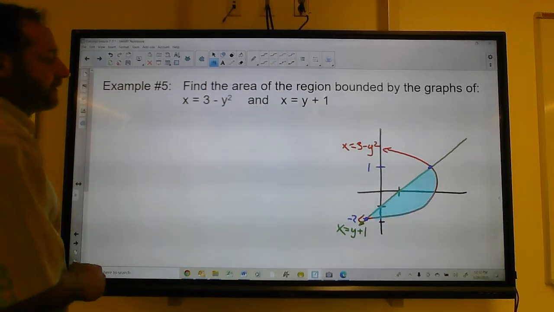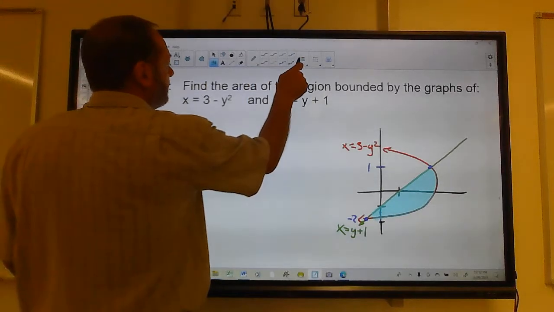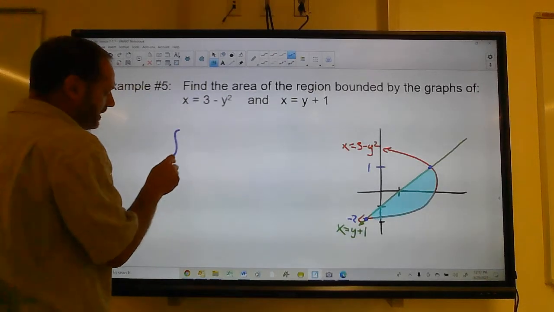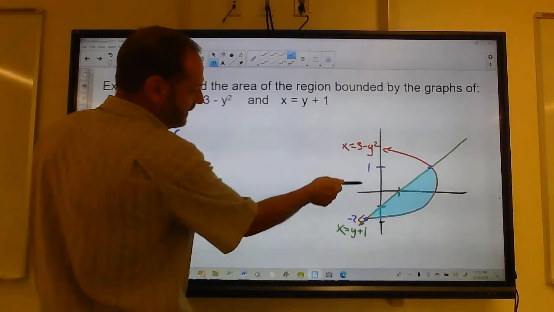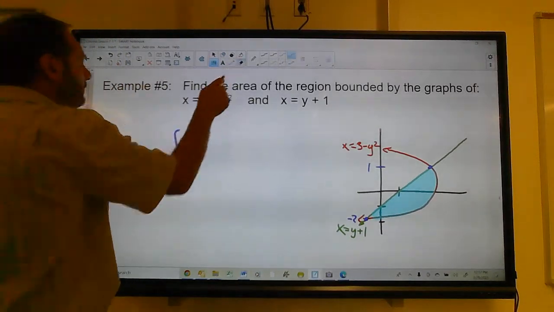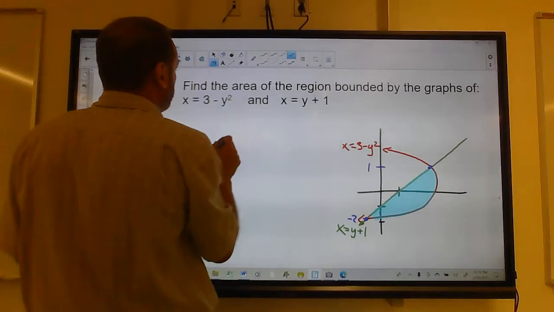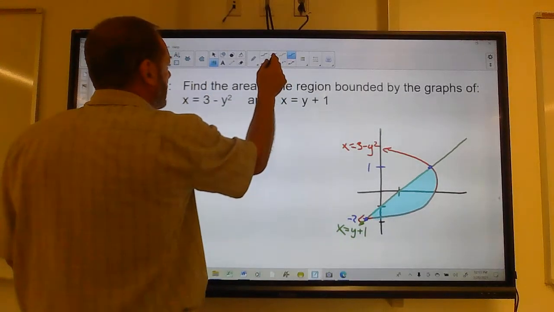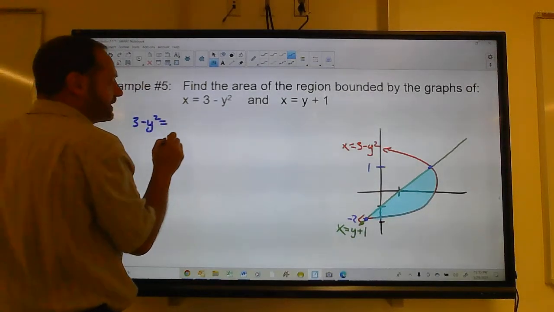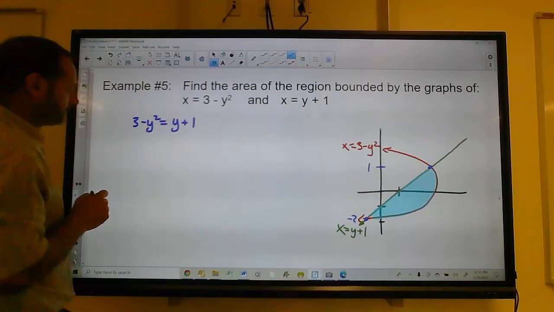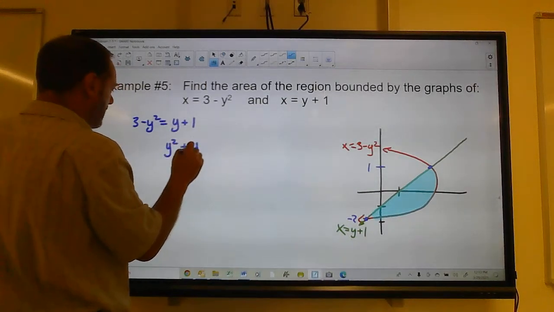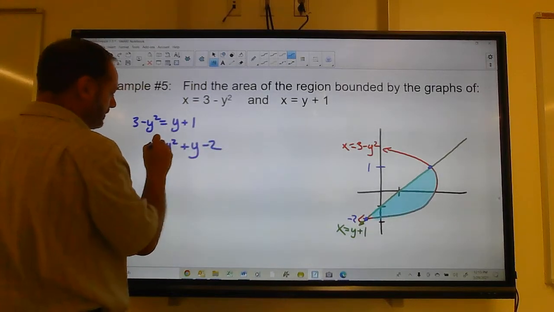Now, you got to kind of think sideways here. So it's going to be the integral from -2 to, oh, we got to figure out where they intersect each other. So we should start with that first. So set these two things equal to each other. 3 minus y squared is equal to y plus 1. We'll go ahead and move this all over here so we get y squared plus y minus 2 equals 0.